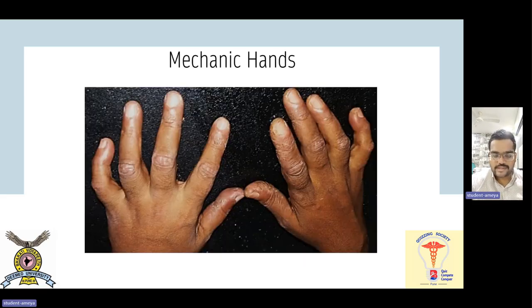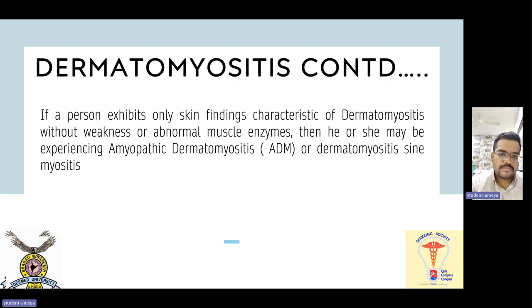Then mechanic's hands. Hands that look like those of a mechanic who has toiled long hours repairing cars. Because of that, the hands look as though they are a mechanic's hands. I told you in the first slide that dermatomyositis has both proximal muscle weakness as well as skin changes.